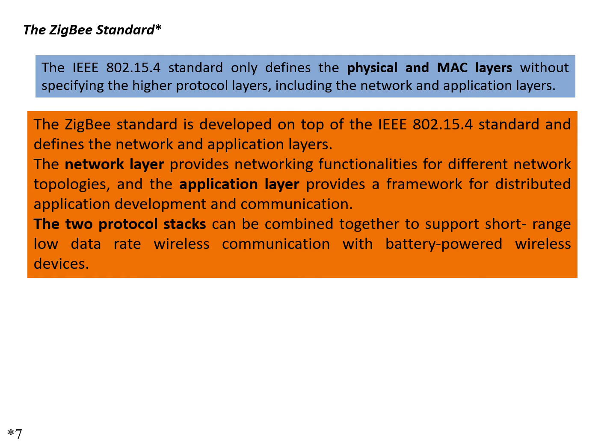So with the combination of IEEE 802.15.4 and the ZigBee standard, we will have 4 layers: physical layer, data link layer, network layer, and application layer. And what does the network layer do?